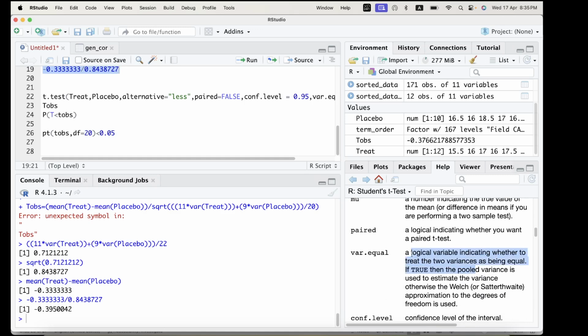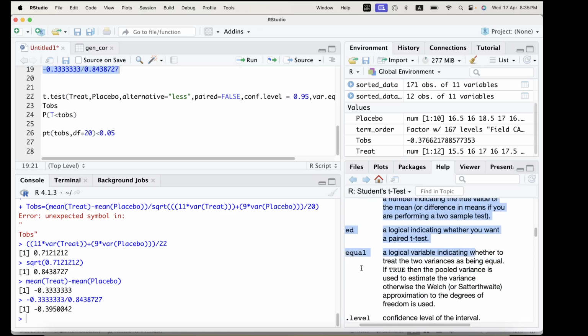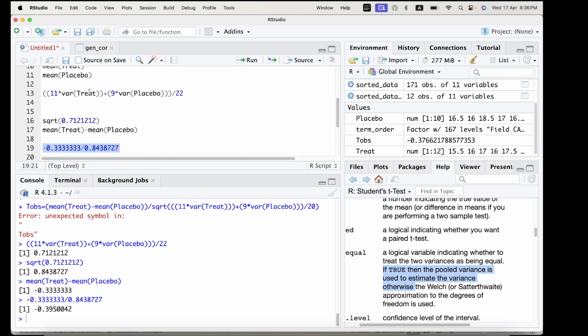See, here we are doing the same thing. var.equal equal to true means a logical variable indicating whether to treat the two variances as being equal. If true, then the pooled variance is used to estimate the variance. That is what we are doing. We are estimating the pooled variance. Why is it not happening? Sorry, here again, this should be divided by 20.